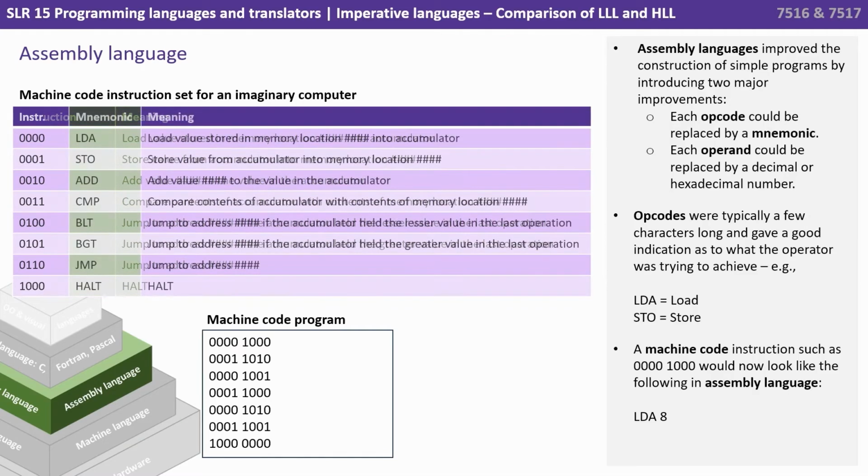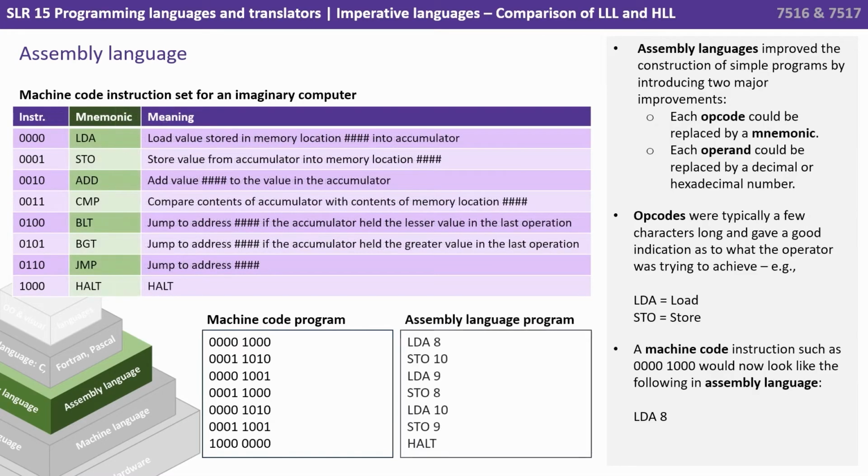With the next level up comes assembly language. This improved the construction of simple programs by introducing 2 major improvements. Firstly, each opcode could be replaced by a mnemonic, and that's the column shown there in green. And each operand could be replaced by a decimal or hexadecimal number.